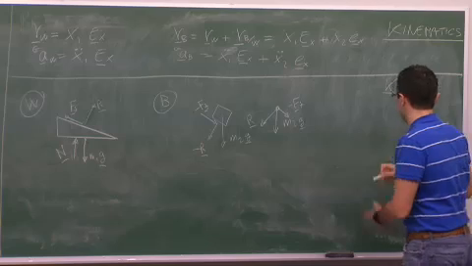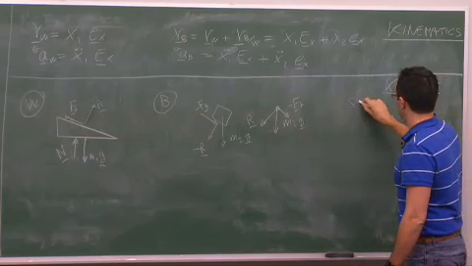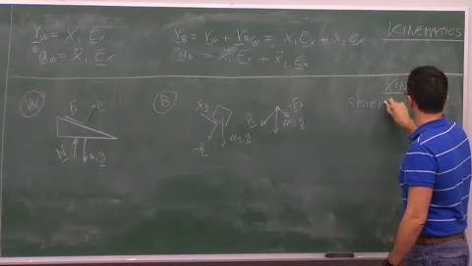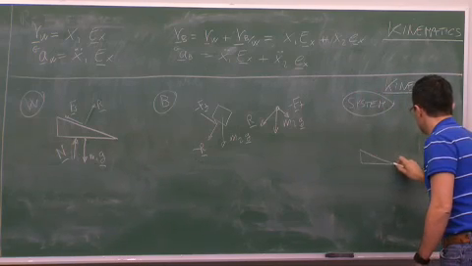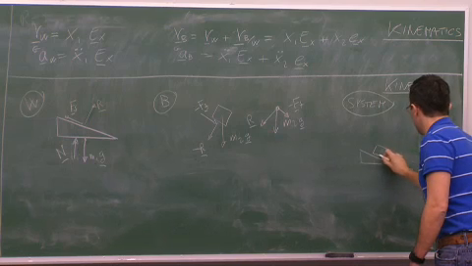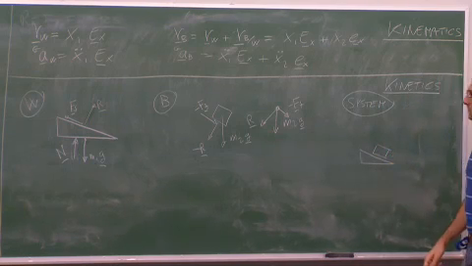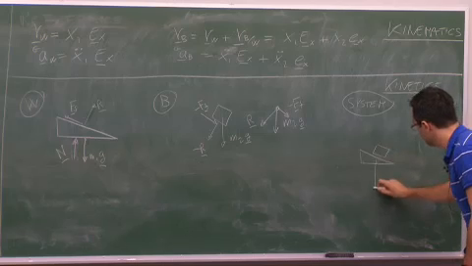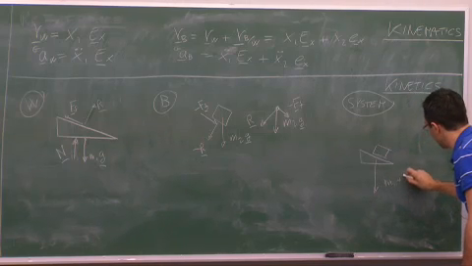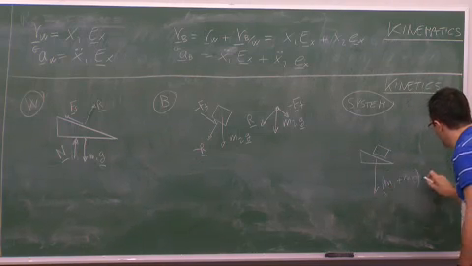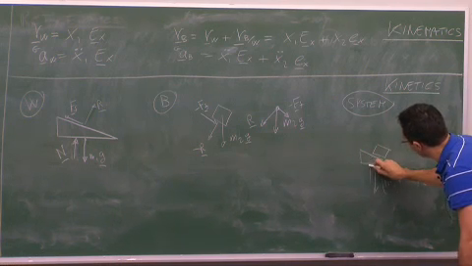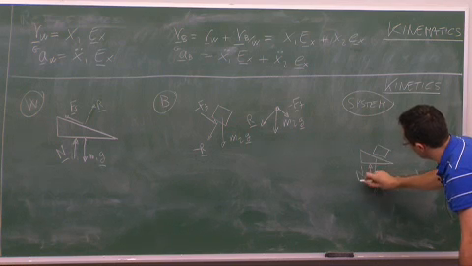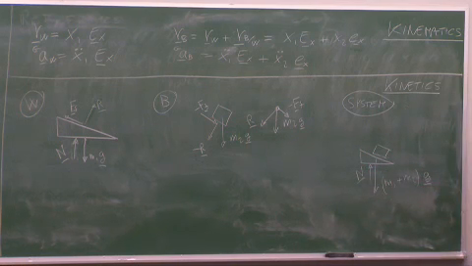Why? Because now I'm going to do the third one, which is the system. For the system, this is what I get. I get force of gravity, M1 plus M2 G, the same reaction from the ground that is applied to the wedge, and that's it.